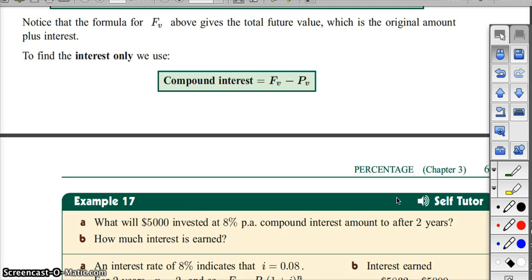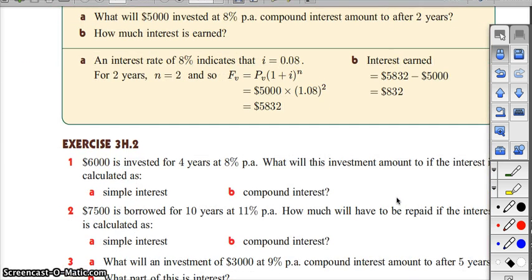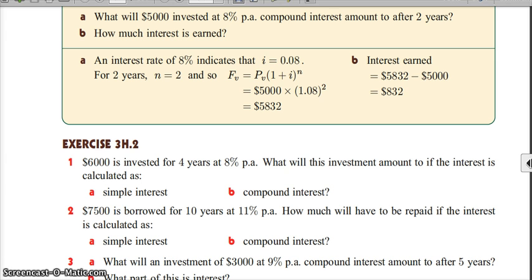So, when we look at a question, let's look at a question there. What will $5,000 invested at 8% compound interest amount to after 2 years? Okay. So what I'd like you to do, if you could just pay attention here, please.